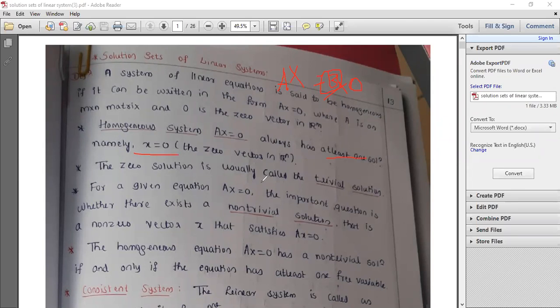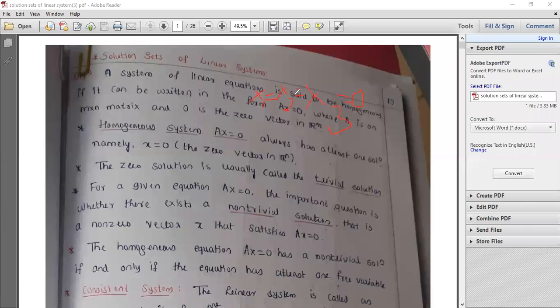That implies, if you have a system, say x1 plus x2 plus x3 equal to 0, and 2x1 plus 2x2 plus 2x3 equal to 0, and 3x1 plus 3x2 plus 3x3 equal to 0, then x1 equal to x2 equal to x3 equal to 0 will be the trivial solution, which is always true.